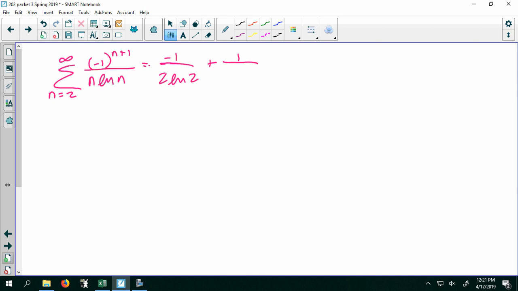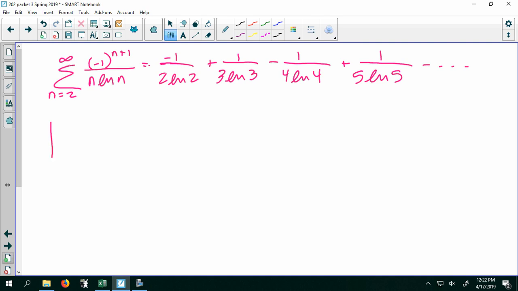Then I get positive 1 over 3 ln 3, negative 1 over 4 ln 4, positive 1 over 5 ln 5. And as n goes to infinity, the ln of n goes to infinity. So these denominators are just getting bigger and bigger and bigger, which means the terms are approaching 0 and decreasing.